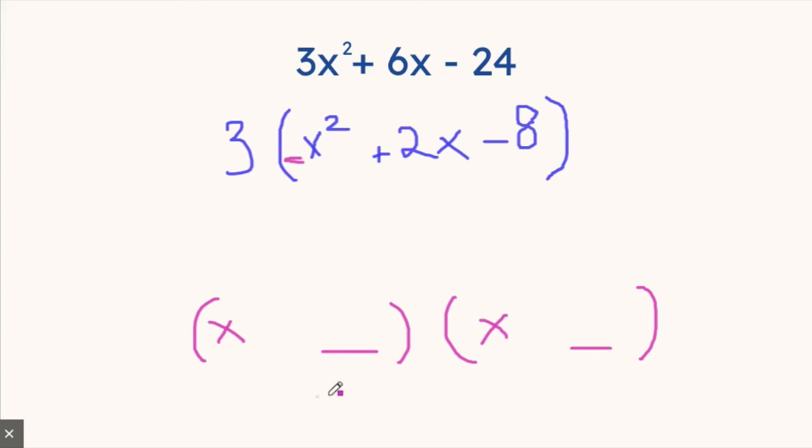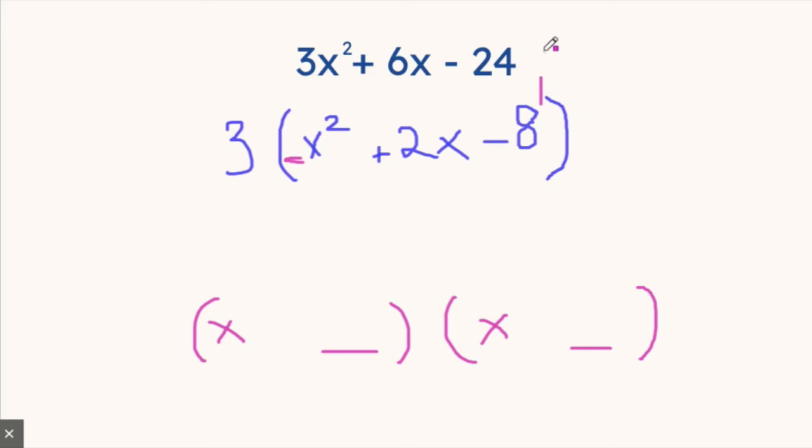Now, that number is going to be following the same rule we did in the previous one. This times this number is going to equal this number. This plus this is equal to this number. So we can start by finding the multiples of 8.